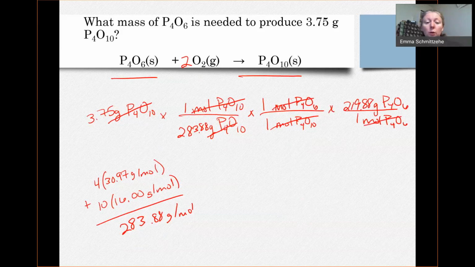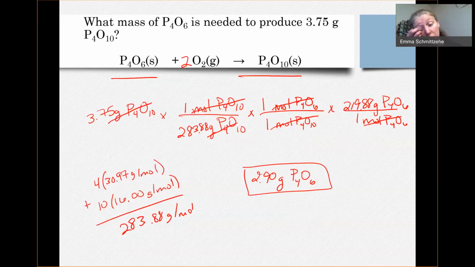So we need to calculate the answer by taking 3.75, divide by 283.88, multiply by 1, and multiply by 219.88. Okay, so the answer comes out to 2.90 grams of P4O6, again rounded to 3 sig figs because the 3.75 is my fewest sig figs in this, and it's 3.